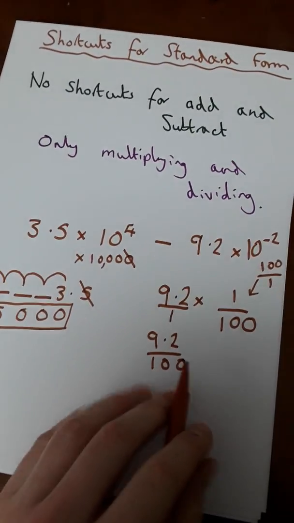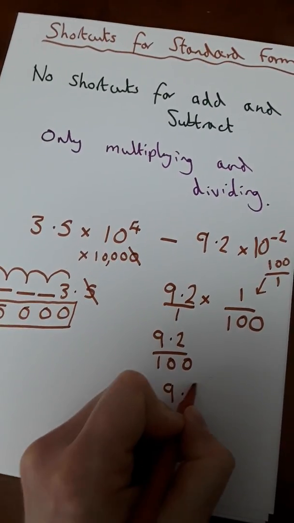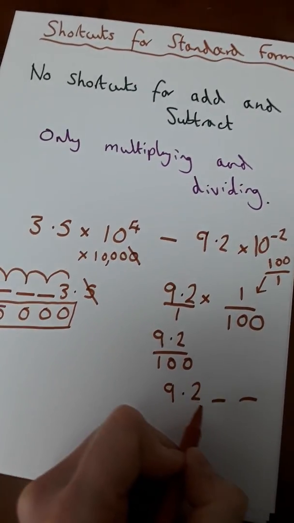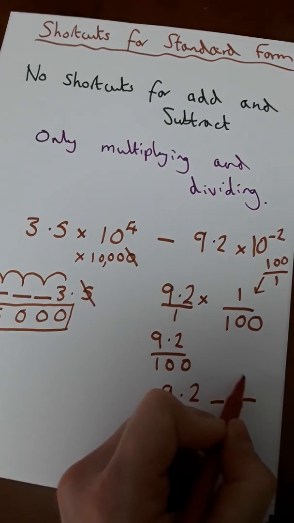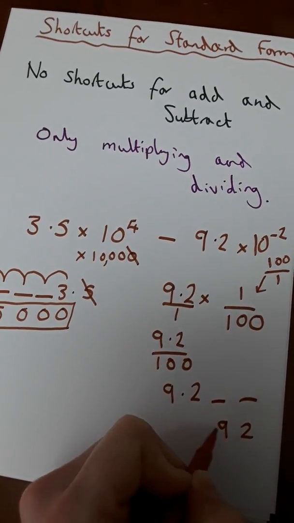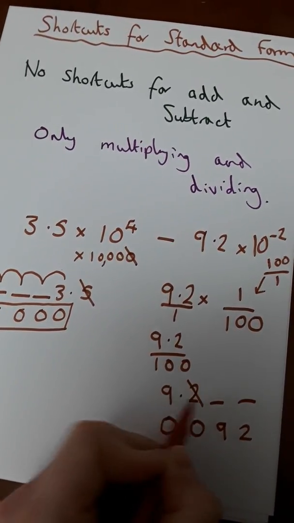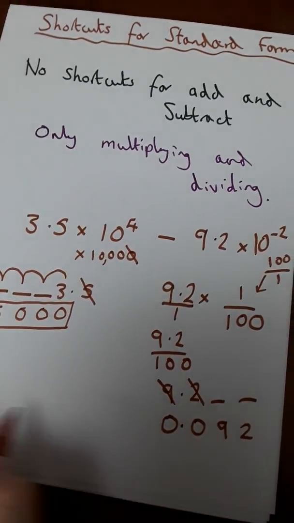So 9.2 divided by 100 means that our numbers are going to move backwards by 2 places. So our 2 is now going to sit 1, 2, it's going to sit here. Our 9 is going to move back 2 places, it's going to sit here. So now we need to fill in all the gaps, so this would become a gap and this would become a gap with zeros.